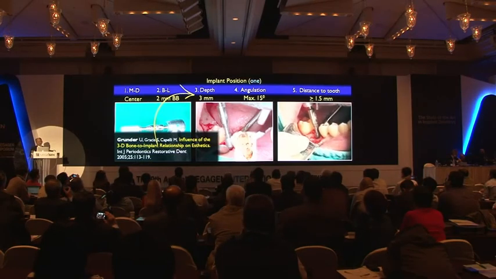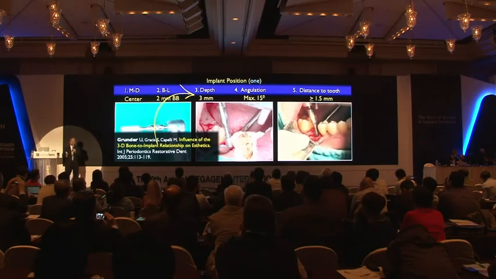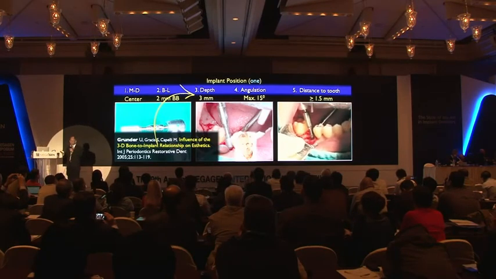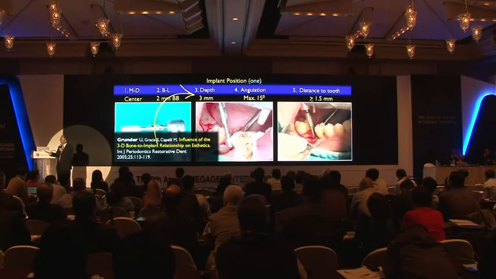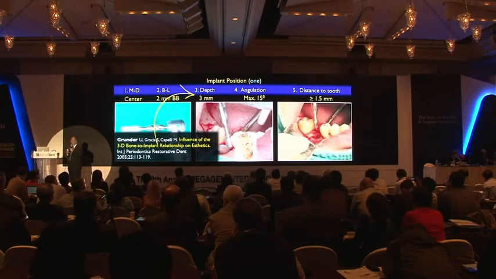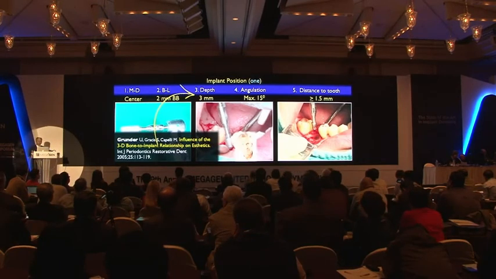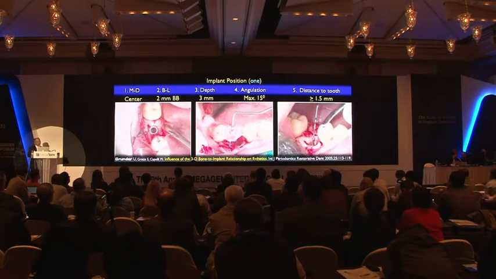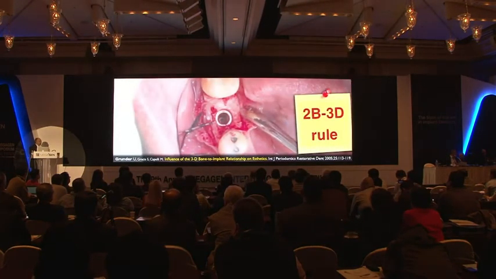So the implant will be at 3 millimeter depth. But if you don't have the surgical stent, how can you know it's 3 millimeter from your future prosthetic crown? You cannot. So with this approach, we have sound biological evidence. With the simple approach, you'll be able to achieve the ideal position for this simple dental implant.